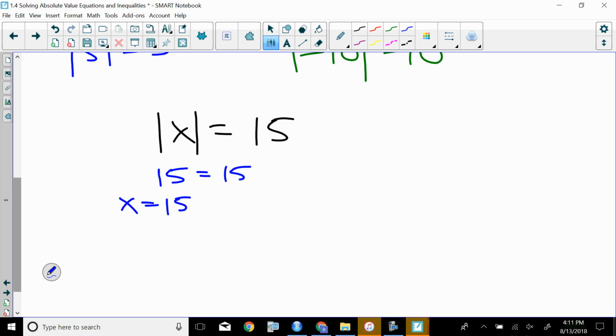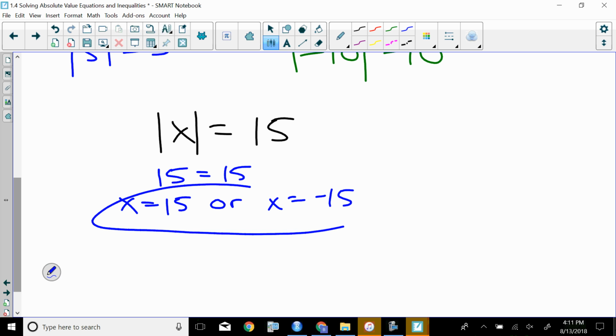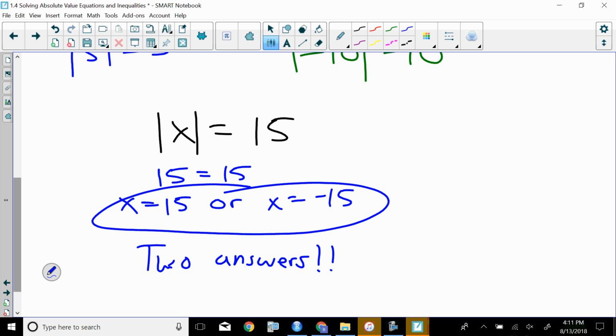If I'm going the other way, backwards, x could be -15. There are two answers, and there should be two different answers with absolute value. So that's kind of a crash course on absolute value. Now let's see if we can tackle some problems.